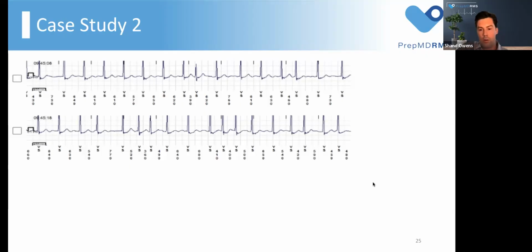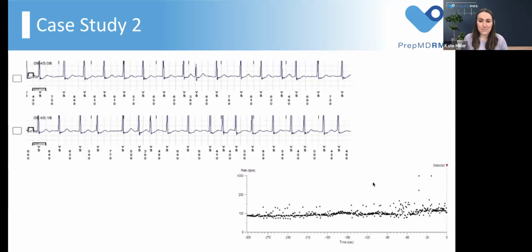Could you click forward? So I like to look at the plot graph first. When you look at this graph right here, it looks pretty regular throughout. I know there's some points here and there, but largely, when we see that on a plot graph, it indicates some sort of ectopy going on.